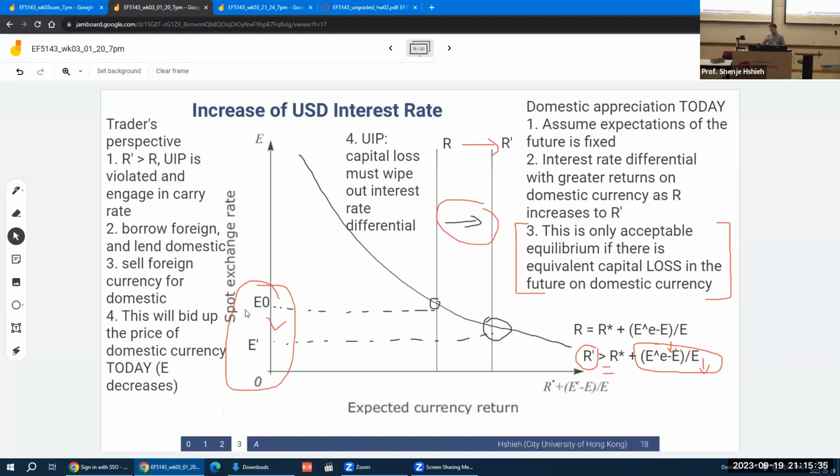But the bigger picture, the next step, is the reason why there's a bigger depreciation today: in order to make expected returns on currency deposits across the world equivalent in value, you need the depreciation of domestic currency to be larger.